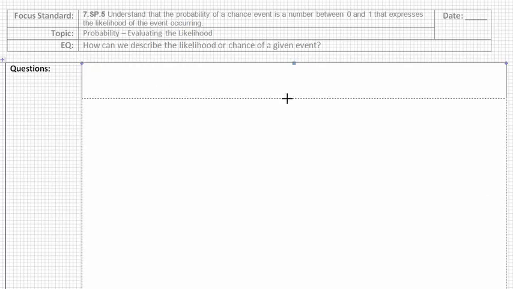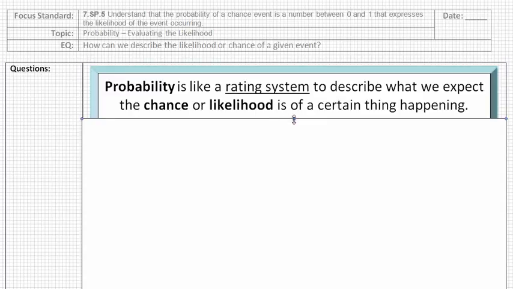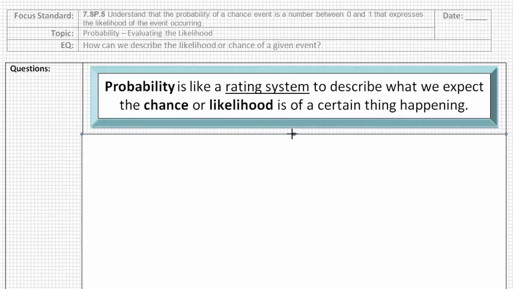So let's dive in and talk about probability. Probability is like a rating system to describe what we expect the chance or likelihood is of a certain thing happening. We could use this to describe a lot of things: the weather, sporting events, you name it.